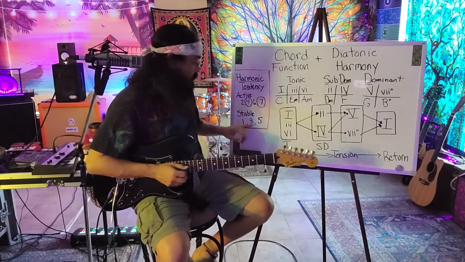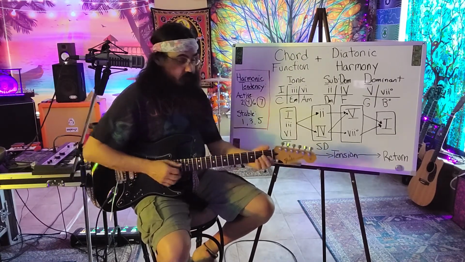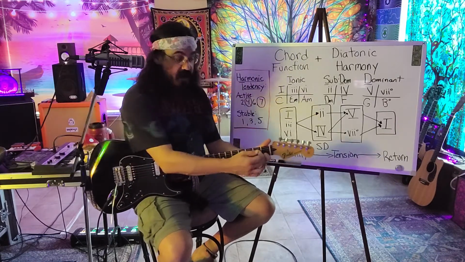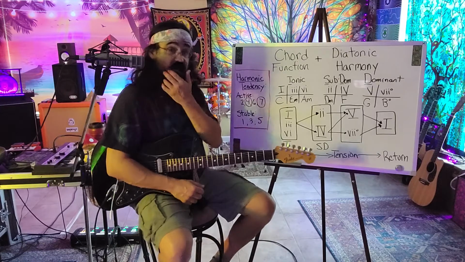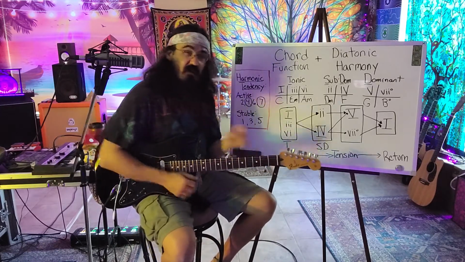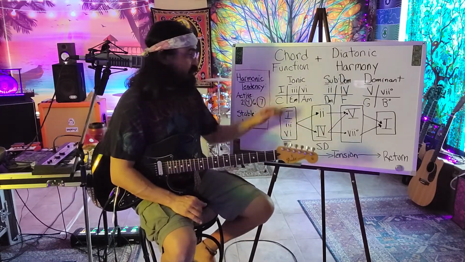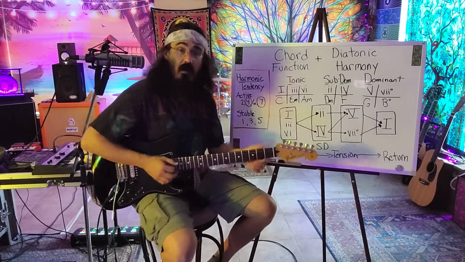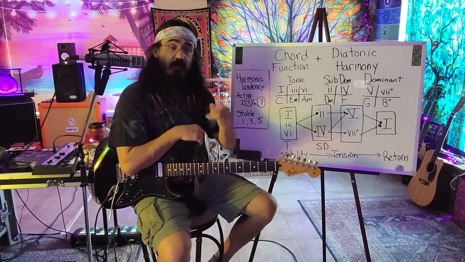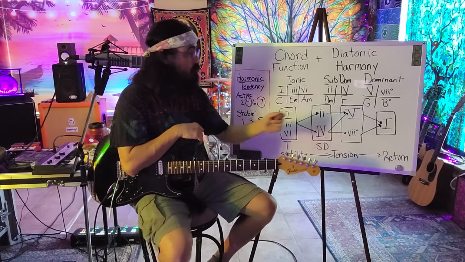That's an E. So that's a stable tone. And then I have a C, which is another stable tone. Okay? So it has one unstable tone, and the same would be said of the E minor as well. Okay? One unstable tone, two stable tones.